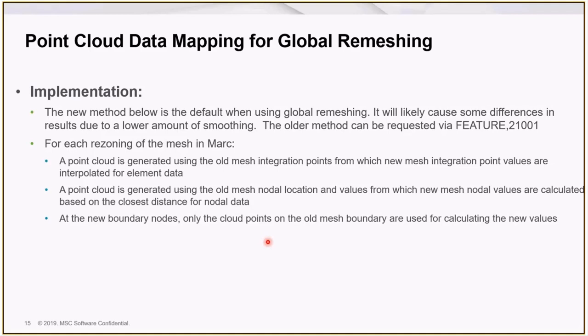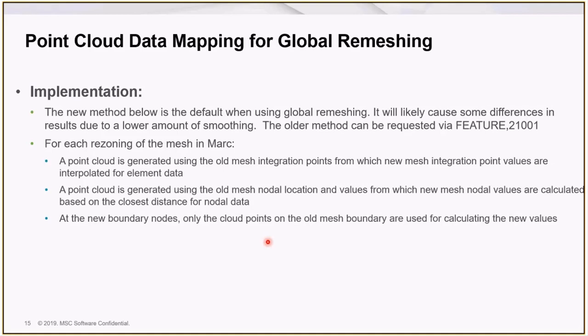The one issue we know could have caused trouble is at the boundary. You have to make sure that when you're doing your mapping, you are not mapping to a node that's inside the body, and you're only using nodes that are on the outer periphery of the boundary, because we can get an incorrect result that way.